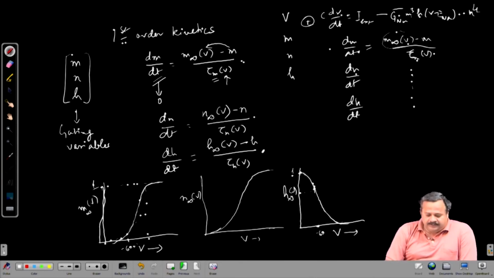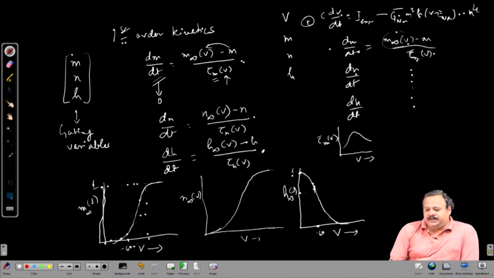function of voltage. And what they found is that for the taus, if we plot tau m as a function of voltage, this is the voltage, then it is more like a bell shaped thing where at rest it is close to the peak value.